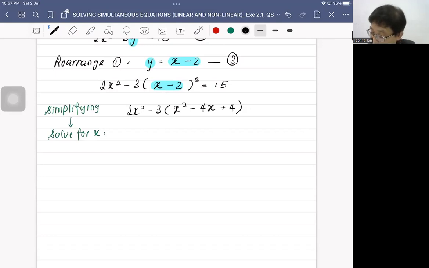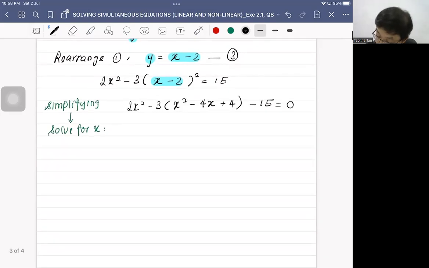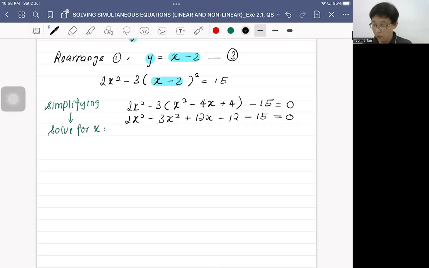And I'm going to bring the 15 over because I want to target a quadratic equation. Therefore, now we're just going to simplify this: minus 3x squared plus 12x, and then minus 12 minus 15 equal to 0.